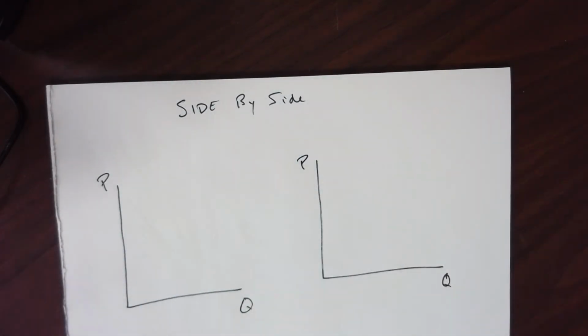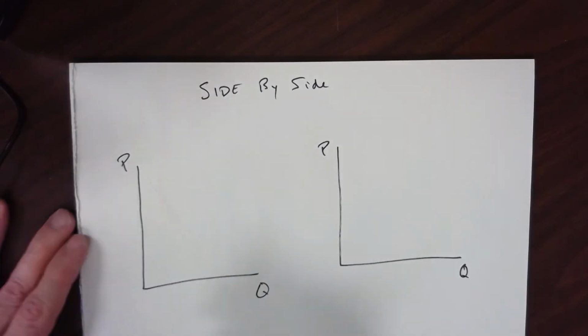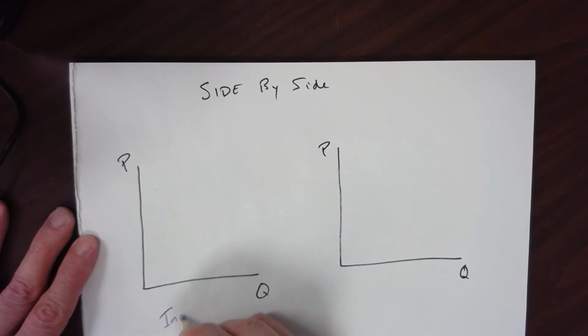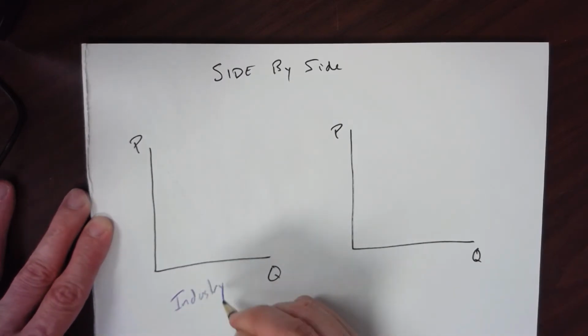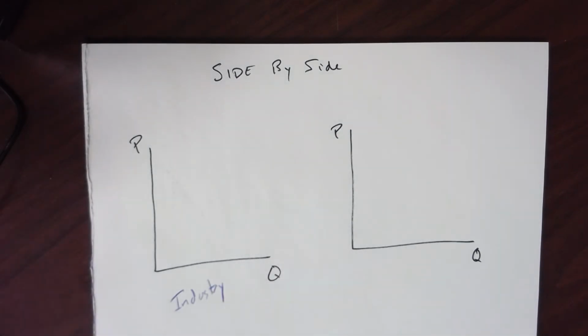I know, brain-busting activity there. So, your left-hand graph is the entire industry of a pure competition situation. Whatever that industry is, this is it.